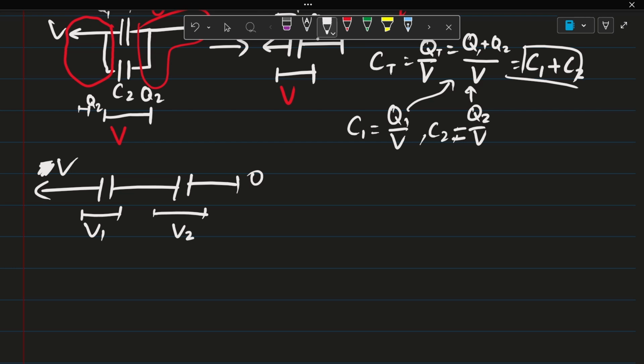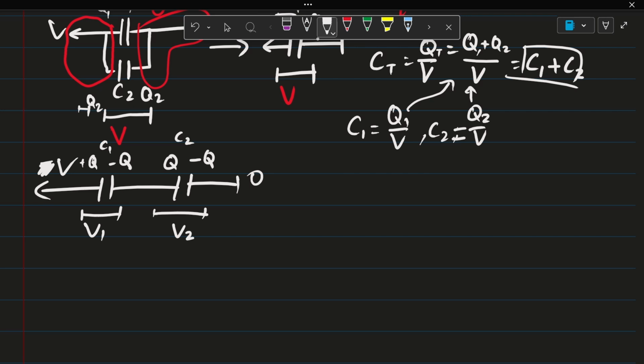Another thing to observe is the charge itself. If I have built up positive Q here, this means that there should be negative Q in here. And with this negative Q, I should have positive Q, because this entire component has to conserve its charge. So negative Q and Q, sum them up, you get 0. And in here, it should also be negative Q, because it's a capacitor. So this is capacitance 1 and capacitance 2.